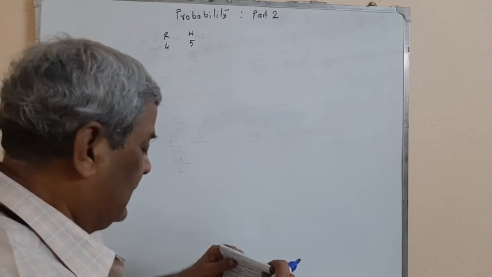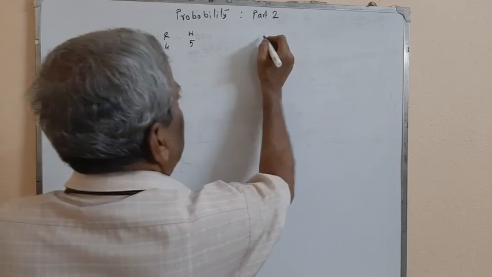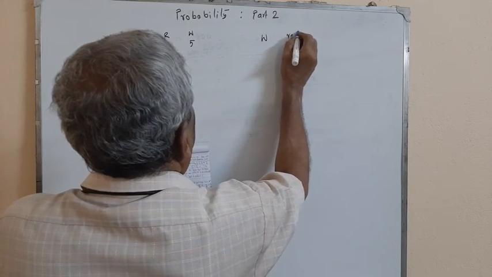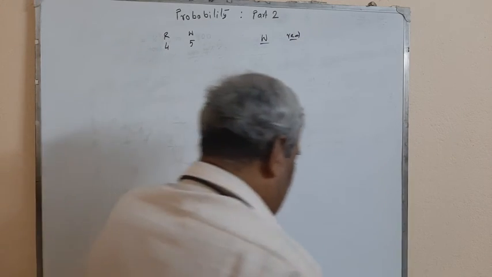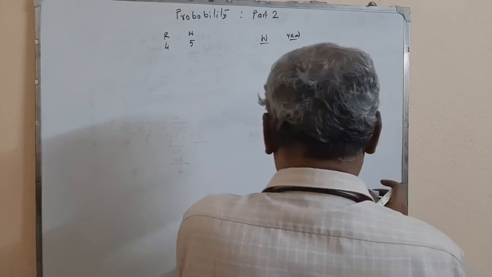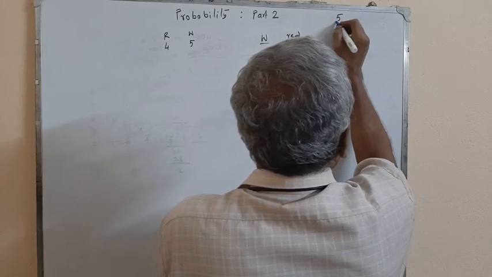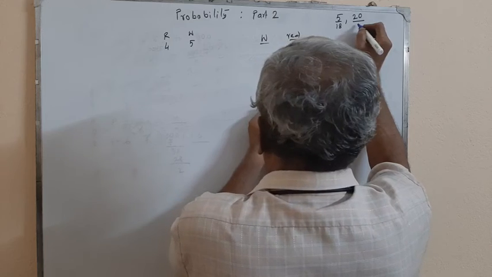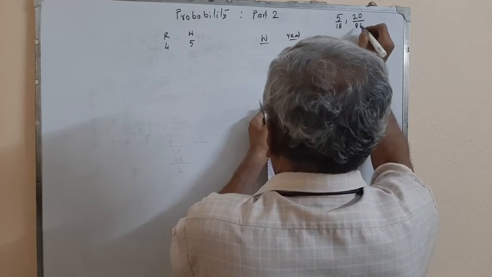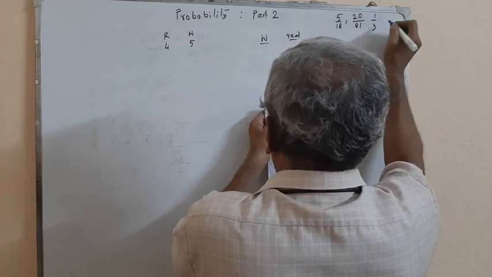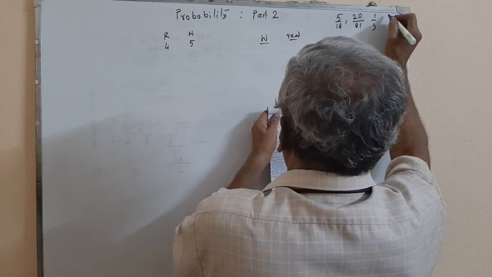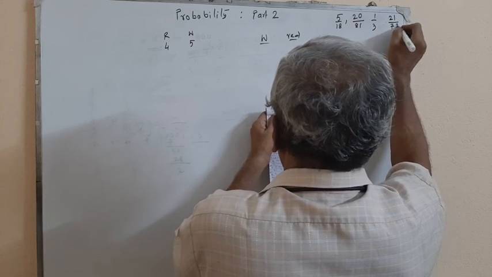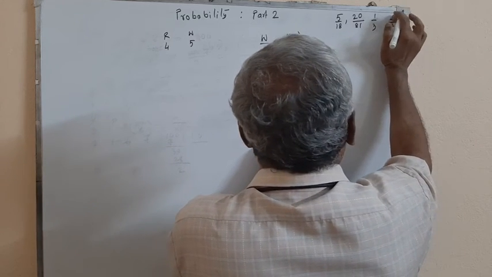Then find the probability that the first ball is white and second ball is red. Options are 5 by 18, 20 by 81, 1 by 3, and 21 by 72.